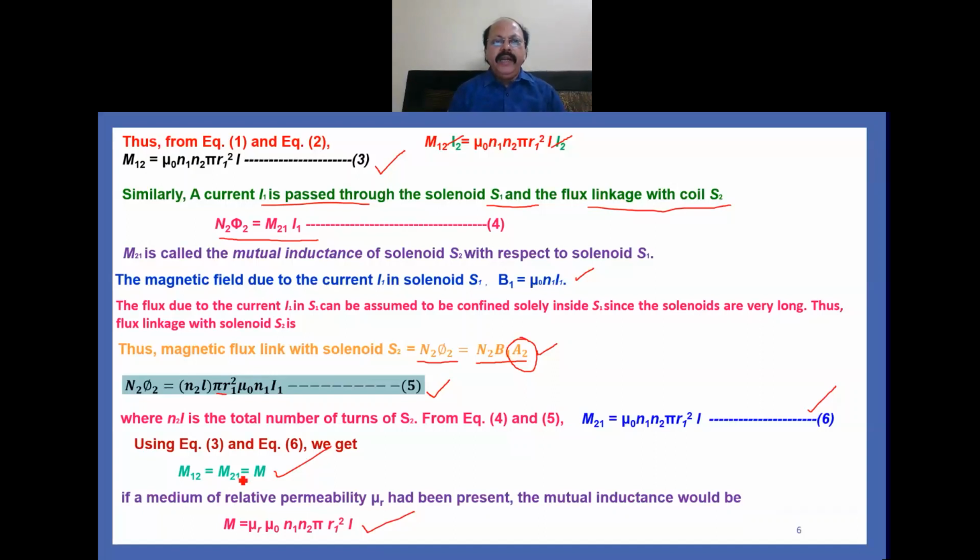The important point is here that the flux due to current I1 in the solenoid S1 can be assumed to be confined solely inside S1. So that point you have to keep in your mind.